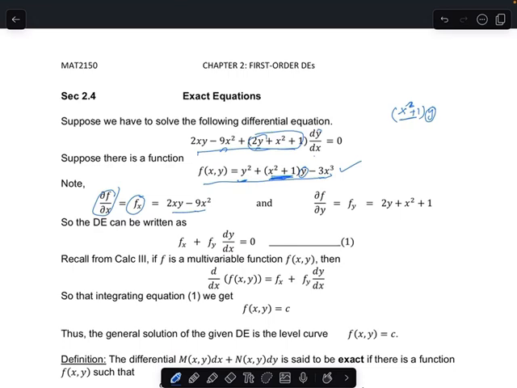The derivative of y with respect to y is 1, so we end up getting just x squared plus 1. And then the last term is completely of x, so no y there, so the answer will be 0. So we simply get f sub y of x, y like that.